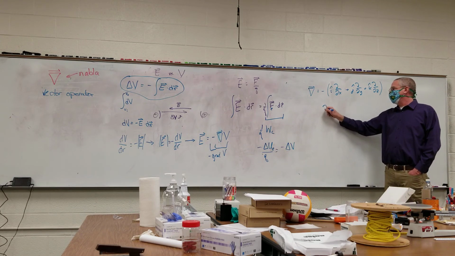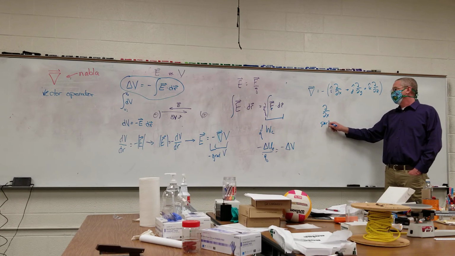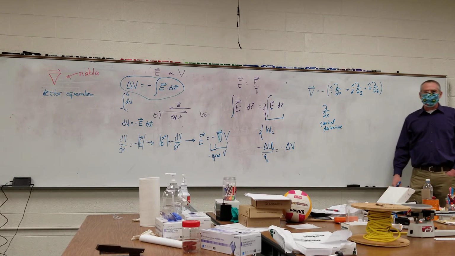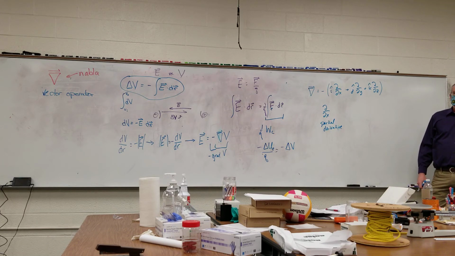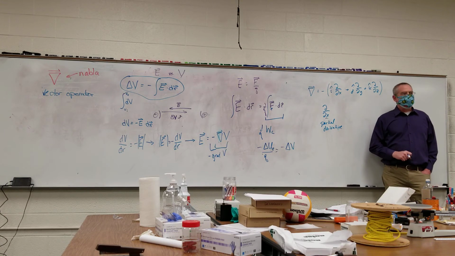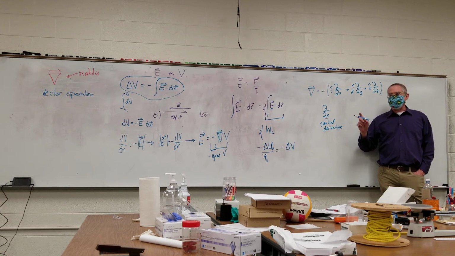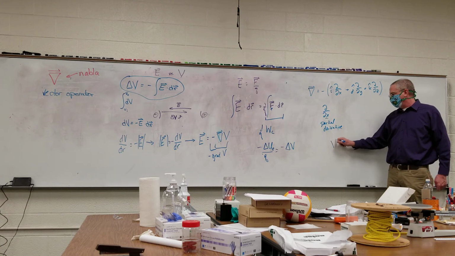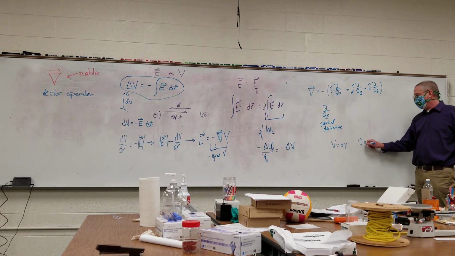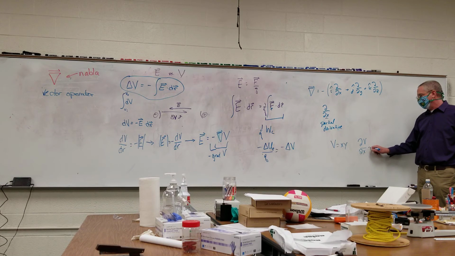This del x, for example, is known as a partial derivative. The mechanics of partial derivatives is incredibly simple. It's a lot simpler than the stuff you do in Calc 1. With a partial derivative, you see what the variable is, x, and that is the only variable. Everything else is assumed constant. So if V is equal to xy, then del V del x is just y.